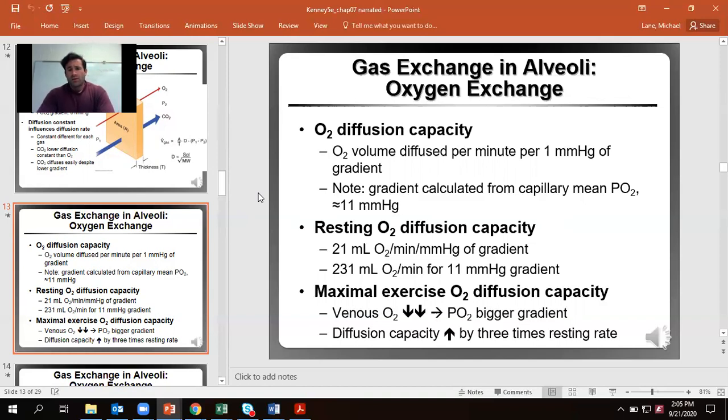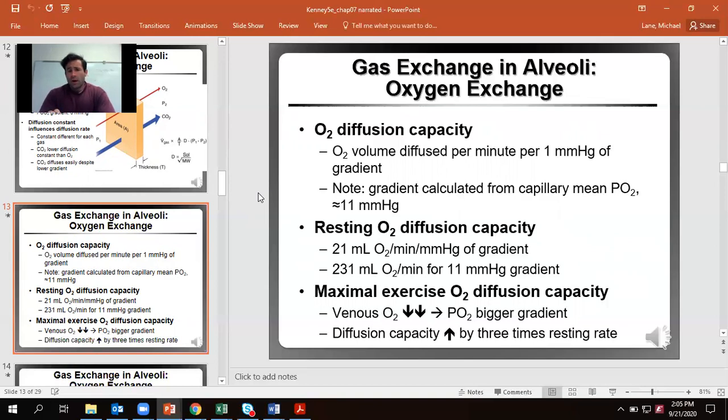And we're going to find that this total amount of gradient is usually about 21 mils of oxygen per minute per millimeter mercury when it comes to that gradient. Now, this is in turn going to give us a total amount of, in this one, 231, when we're looking at an 11 millimeter gradient from one side to the other.